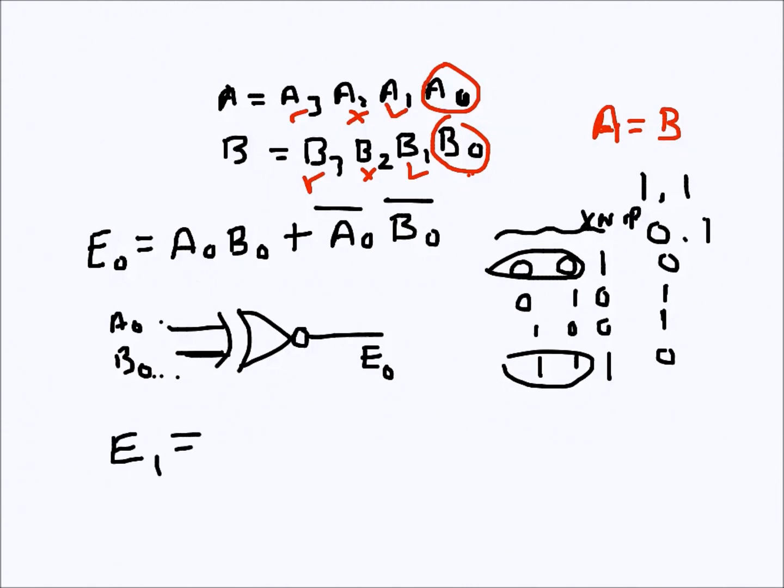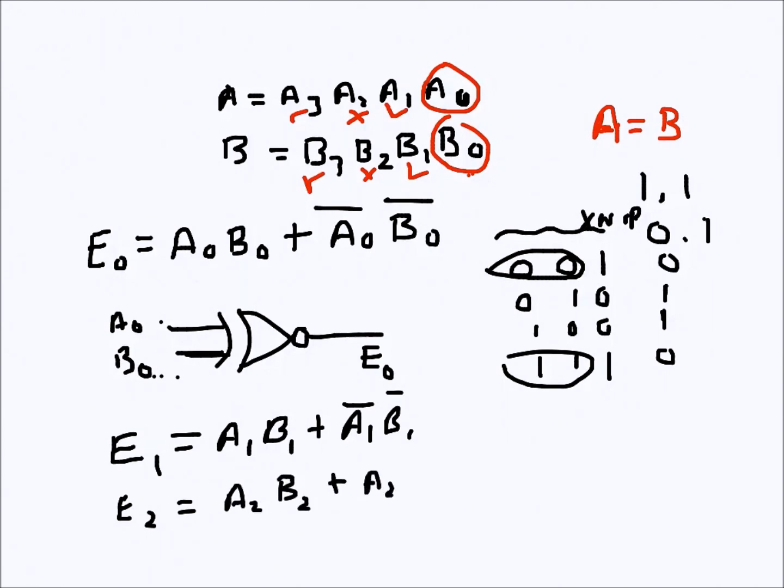Again a bitwise test, so that will be A1 B1 or A1 bar B1 bar. E2 will be just like that, A2 B2 or A2 bar B2 bar, and E3 will be just the same thing, A3 B3 or A3 bar B3 bar.